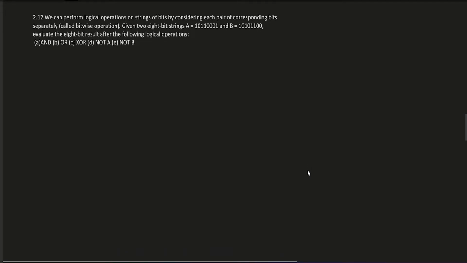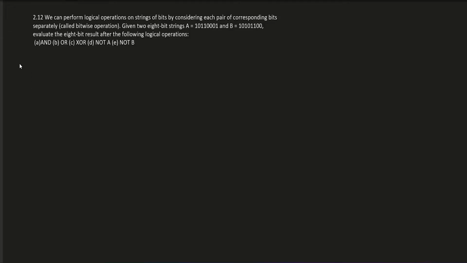Okay, we can perform logical operations on strings of bits by considering each pair of corresponding bits separately. Given two strings A and B, evaluate the result.